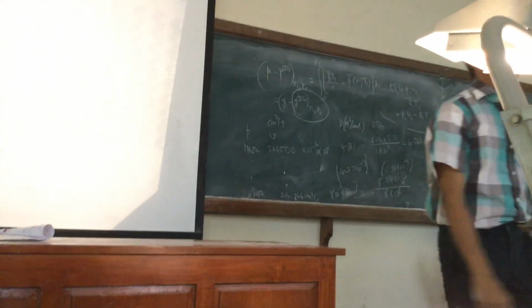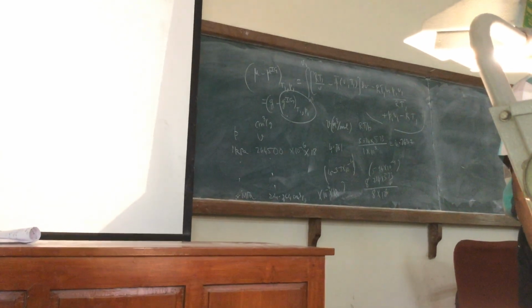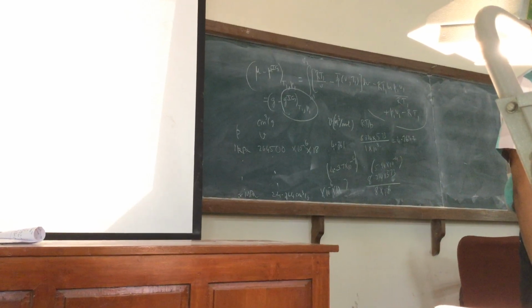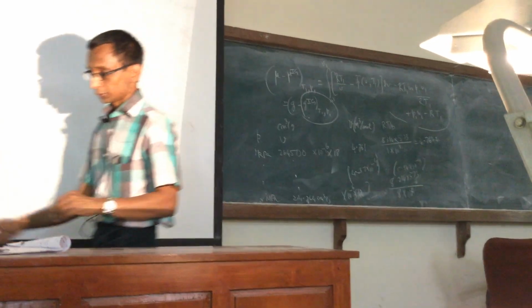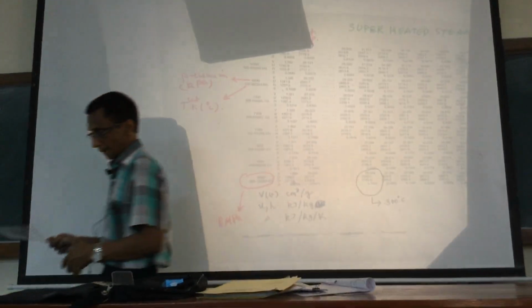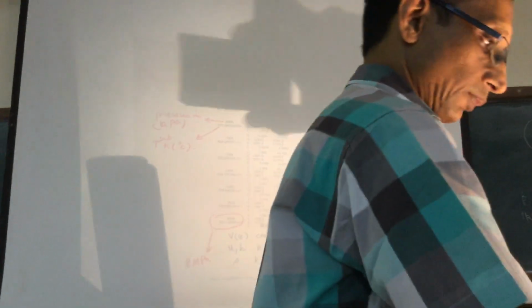So how do you get GIG for water from the tables? Is it possible to get it or not? For low pressure, let's take that, we put the low pressure table back. Lowest pressure, we will go and look at what it gives.